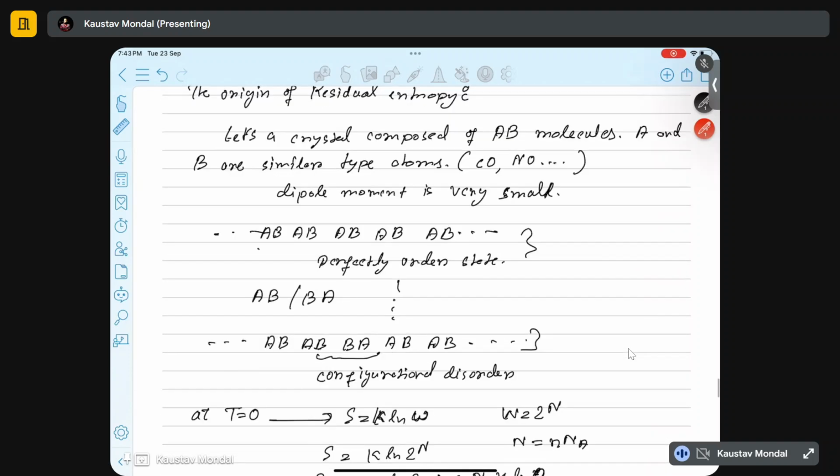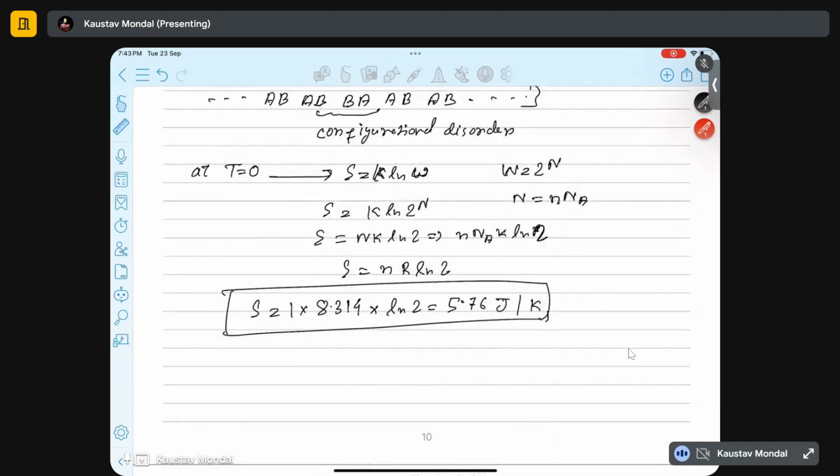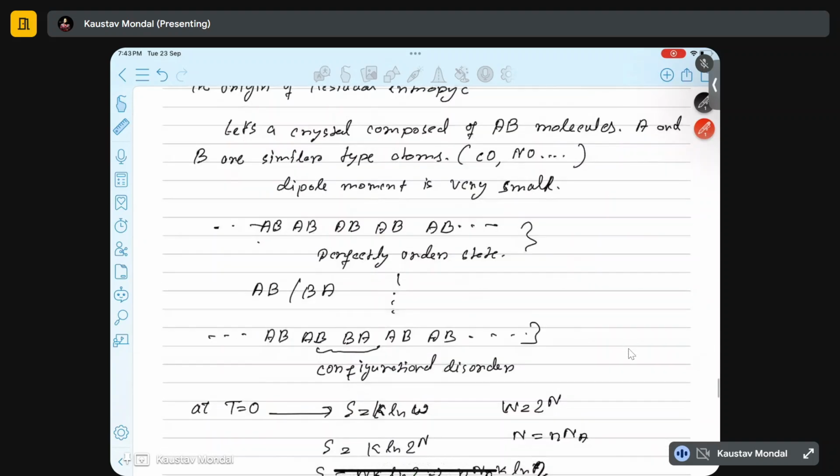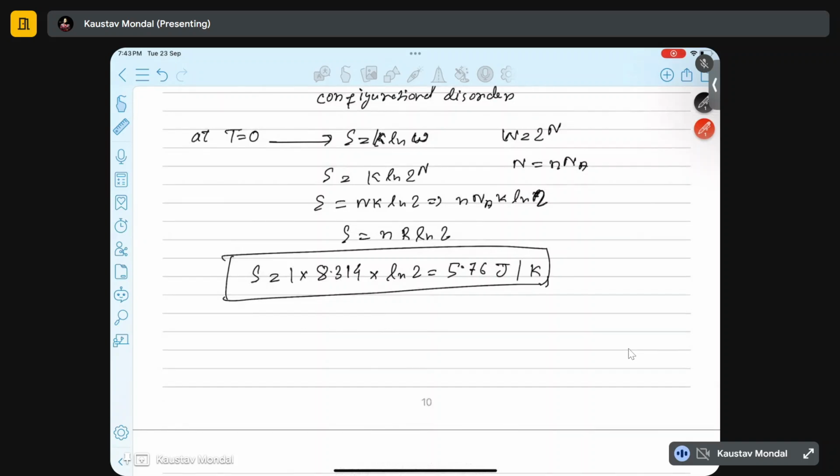But in the case where you got this configurational disorder, although the temperature of the system is equal to 0, it gives a value of residual entropy which is not equal to 0. Yeah, so this is basically the concept of what residual entropy is. Okay.